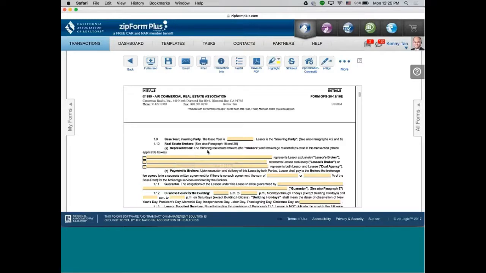Okay, and payment to brokers, the same thing. If you want to keep it private and not let the tenant know how much you're getting in terms of your commission, you do it by way of a separate written agreement. However, if you don't mind the information being made public to the tenant, you can state it here. So the tenant would know how much you're making in terms of commission.